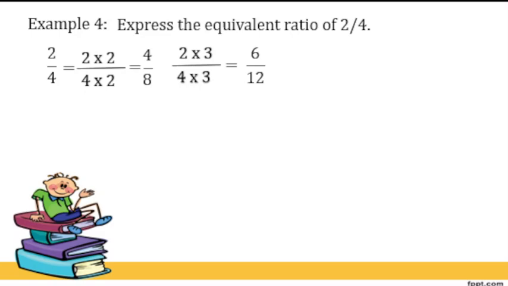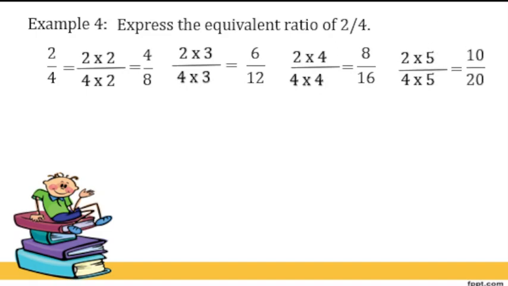Since you multiplied by 3, you can also multiply by 4, and that will become 8 over 16. Then you can also multiply by 5. So 2 times 5 is 10 and 4 times 5 is 20, so that is 10 over 20.